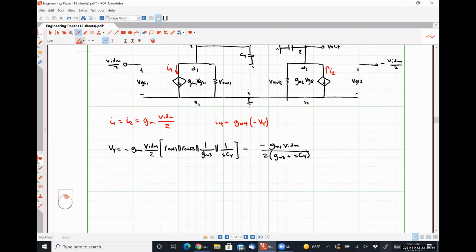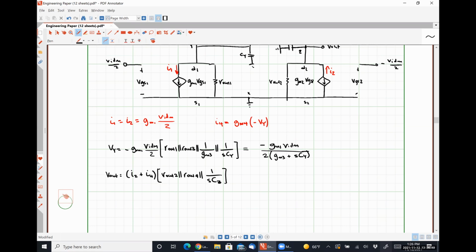So that tells me that V out is I2 plus I4 multiplied by R out 2 in parallel with R out 4 in parallel with 1 over SCZ.